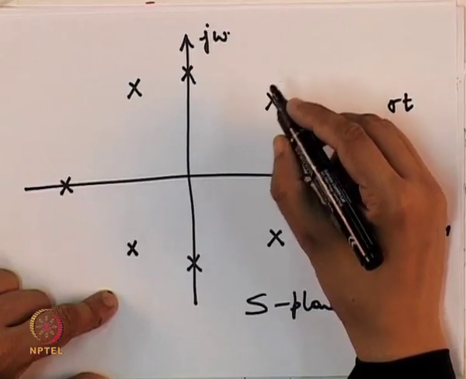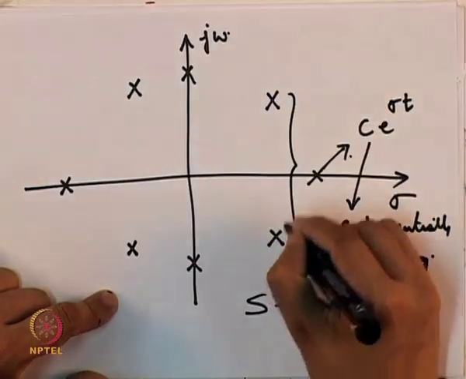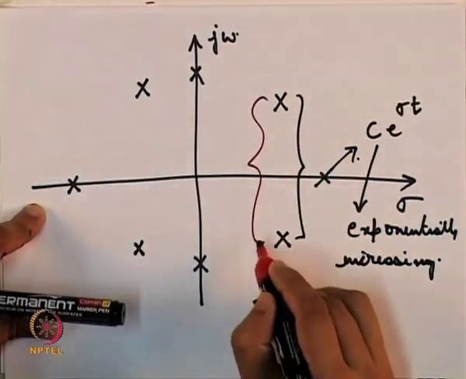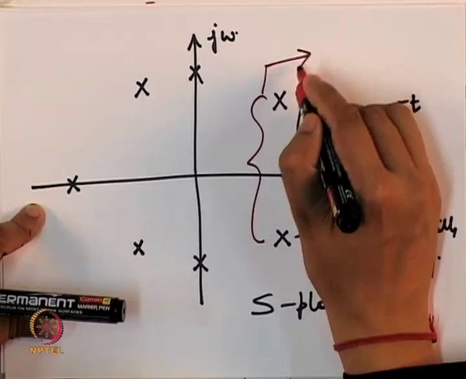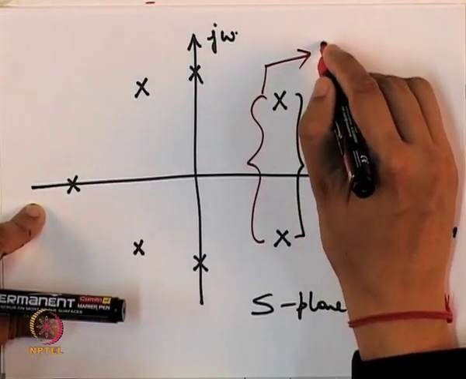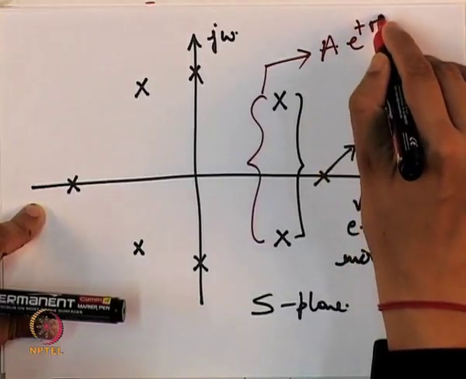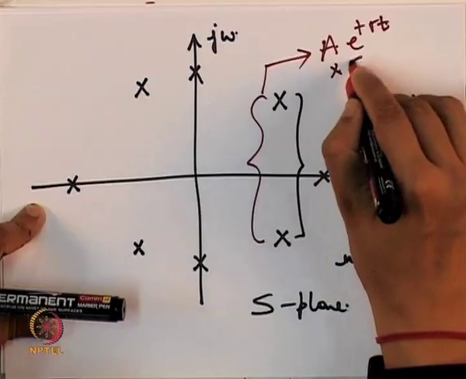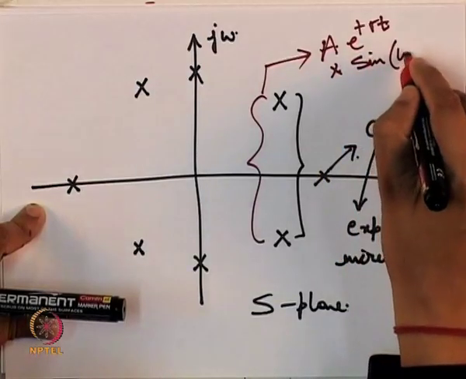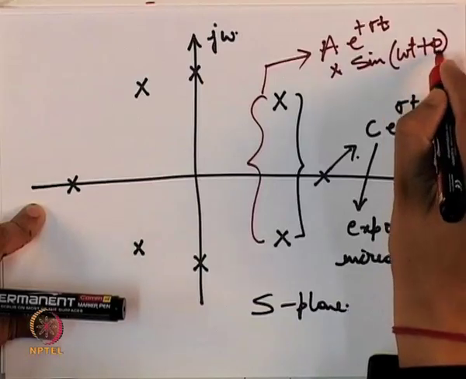Similarly, here also these two, if we see, here the output response will be of this nature, A e^(sigma t) multiplied by sine of (omega t plus phi).